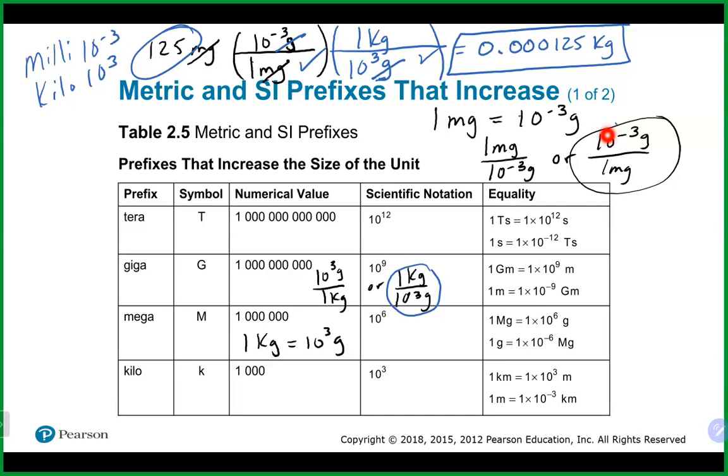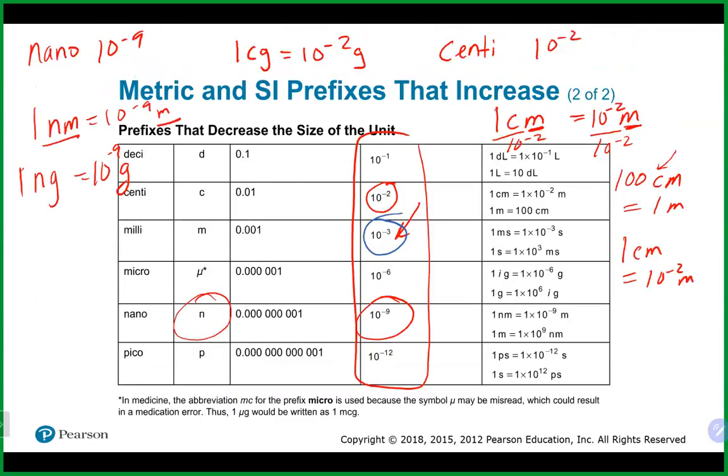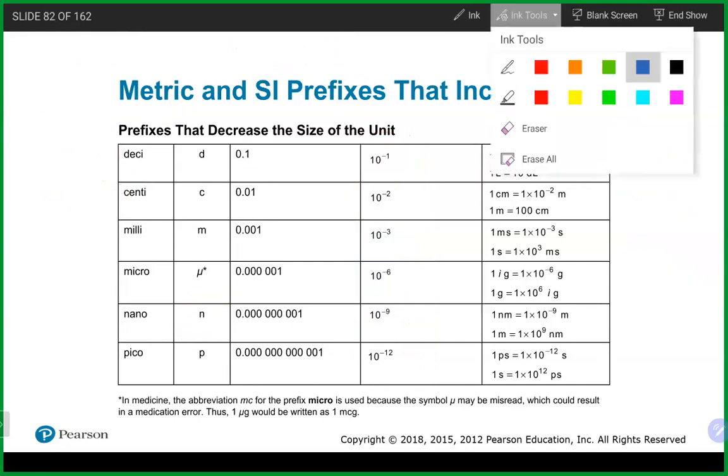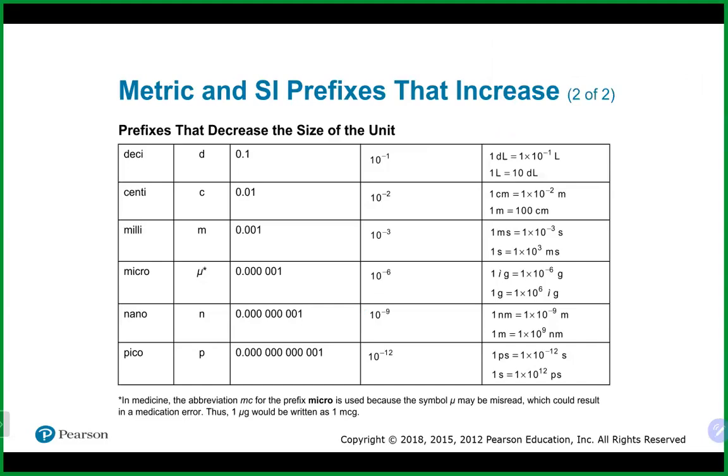All right, so once you try one here, while we have this table, why don't we do a couple more. Let's say we had 175 nanometers, and I want to know how many centimeters that is.